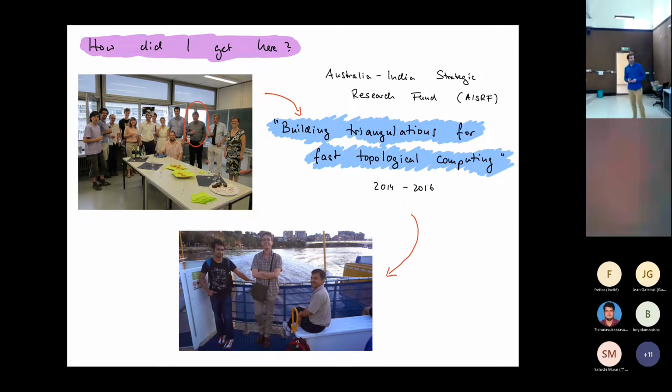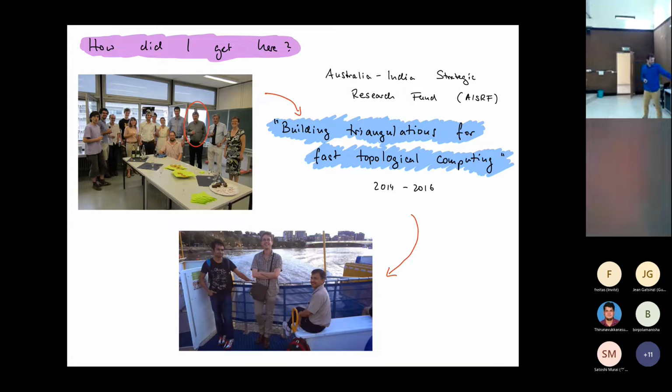There was this Australia-India Strategic Research Fund program, and we were able to secure a 3-year project called Building Triangulations for Fast Topological Computing. This was under computer science, so we had to exchange combinatorics for computations, which is valid, I think, and which is also why I took the liberty to talk about computations when I really mean combinatorics.